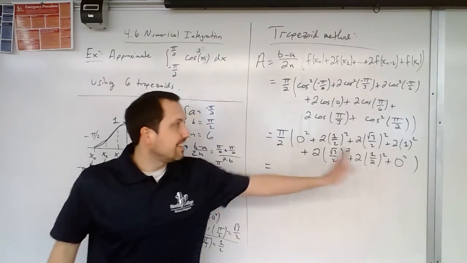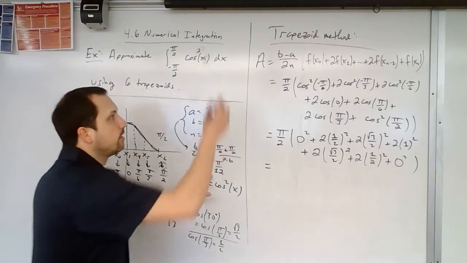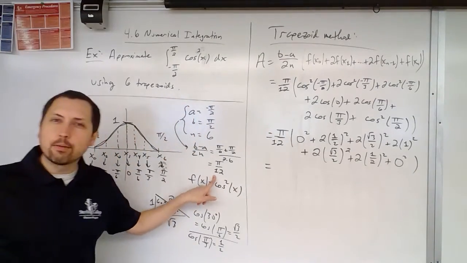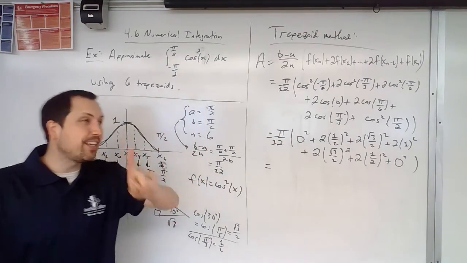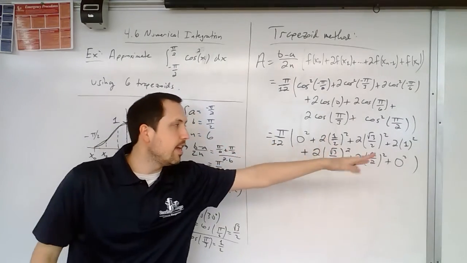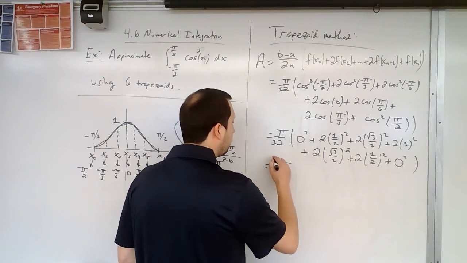So when we simplify all of these things, this should be a pi over 12. I forgot that pi. 12 is necessary. It's very different than 2 versus 12. All right, so once I simplify all of this, combine everything, my answer becomes pi over 2.